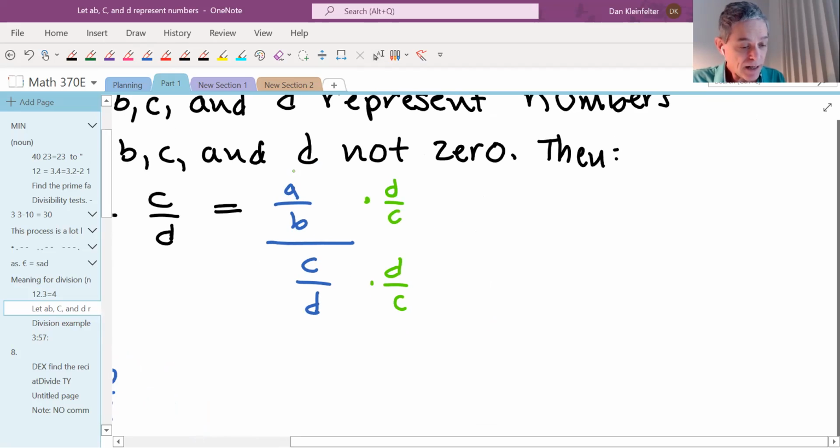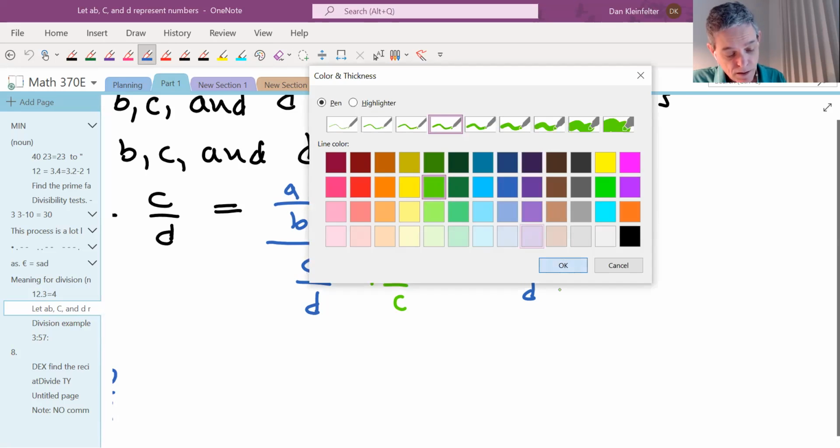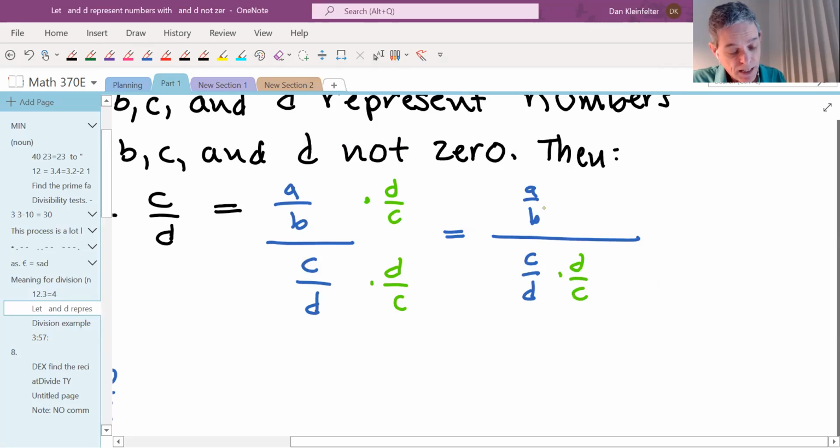Okay, so now, according to the fundamental property of fractions, you can multiply the top and bottom of a fraction by the same thing. So then we'll have down below C over D times D over C. And up top, we'll have A over B times D over C.